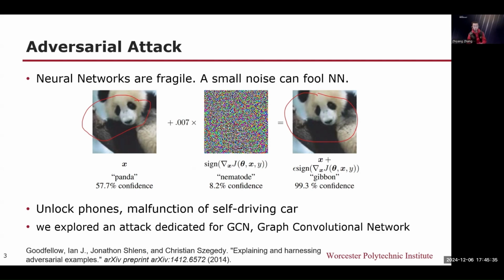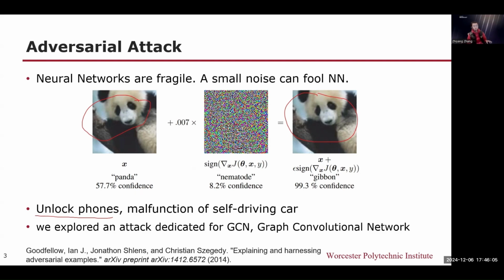People can exploit this property to do malicious attacks. For example, unlock other people's phone. Imagine if you are in a self-driving car, suddenly changing the light can fool the neural network, so it can lead to the car colliding into a wall.